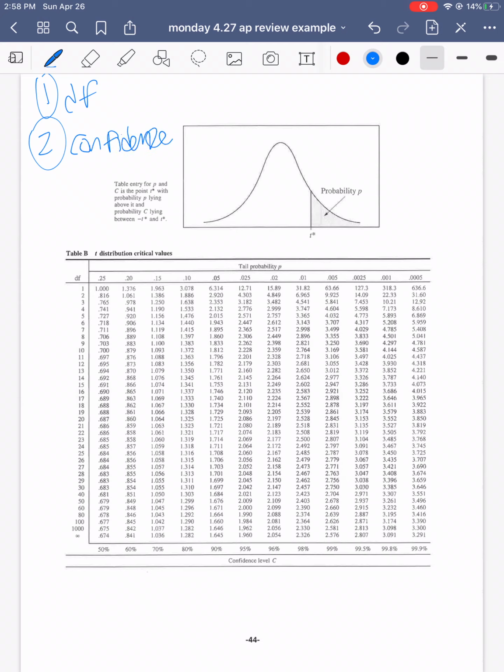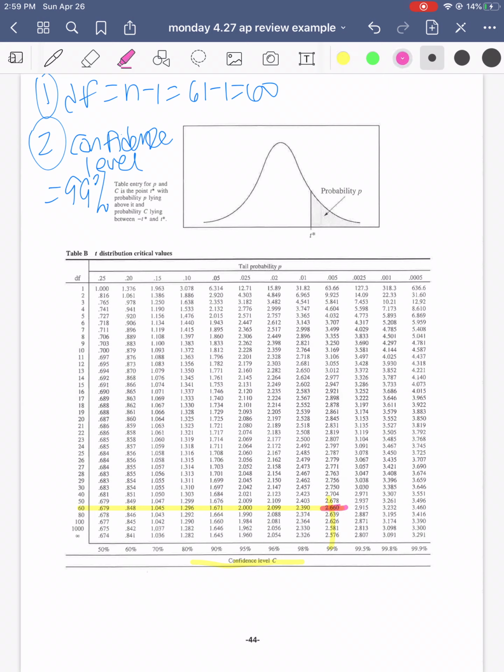So here my degrees of freedom n minus 1, so that's 61 minus 1 gives us 60. And our confidence level was 99%. So let's go to row 60, and we want to look for 99% at the bottom where it says confidence level. So 60 going across, and then here we get our critical value of 2.66.